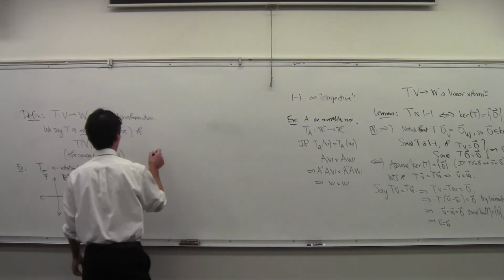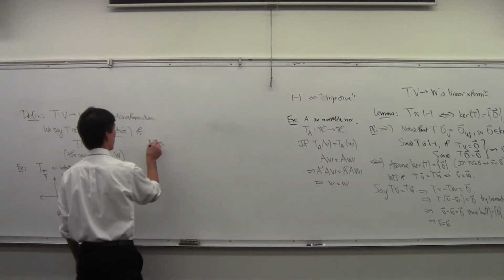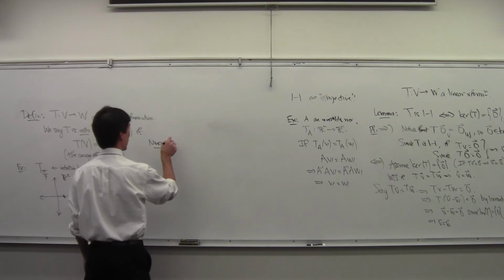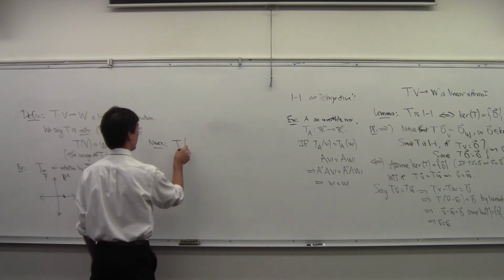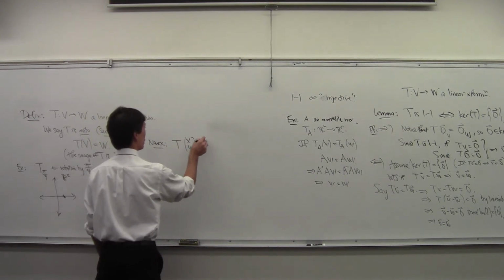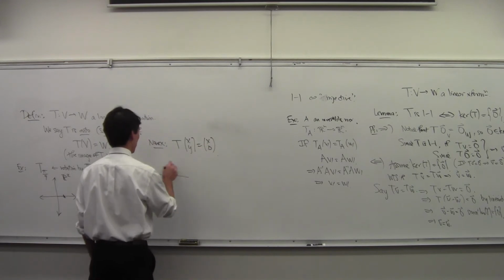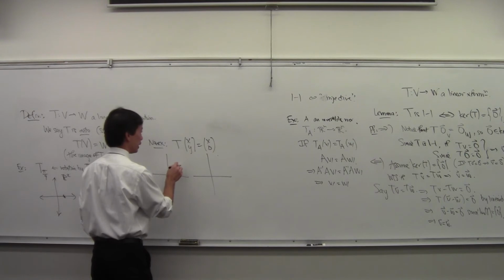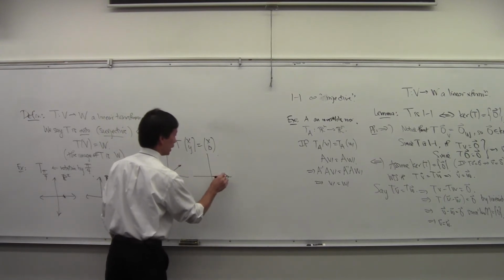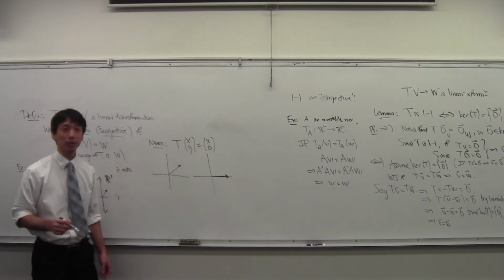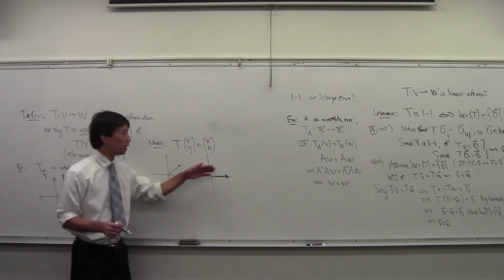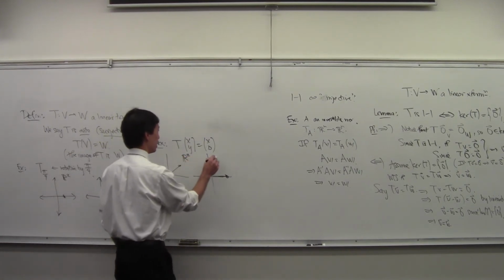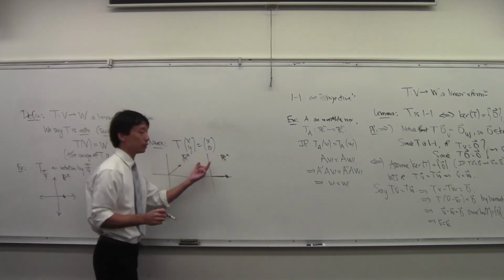Okay, for a non-example, we use again the projection map. So T of (x, y) equals (x, 0). You see that its outputs all lie on the x-axis. And so this is not an onto map from R2 to R2.